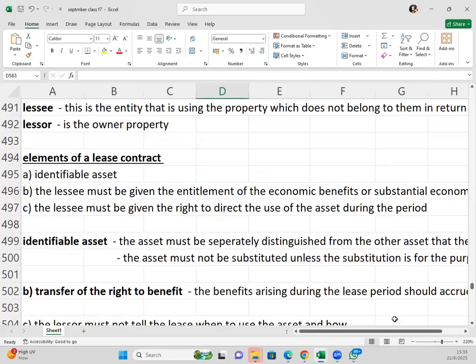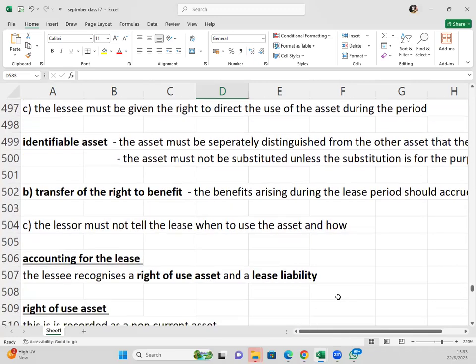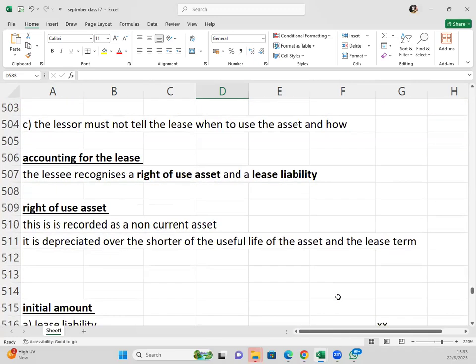For us to say we have entered into a lease agreement, it must have the following. It must have an identifiable asset. It must be for the substantial benefits arising from the asset. Then the lessee must be given the power to control or direct the use of the asset.